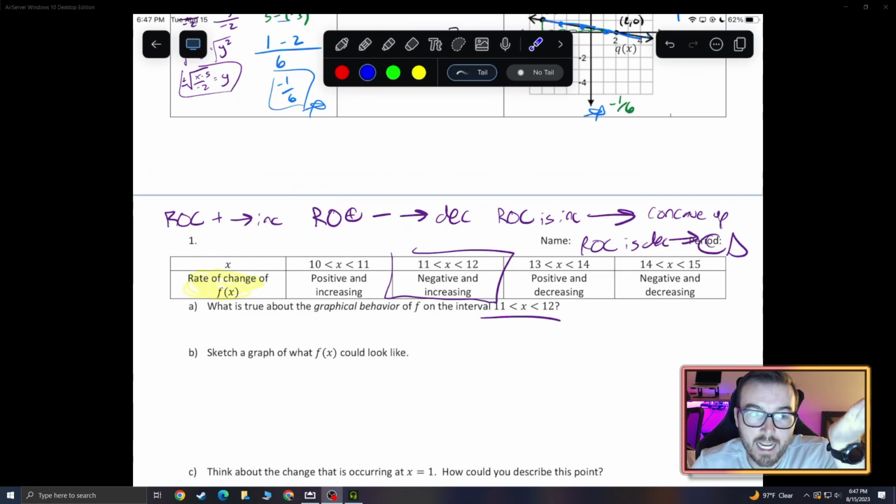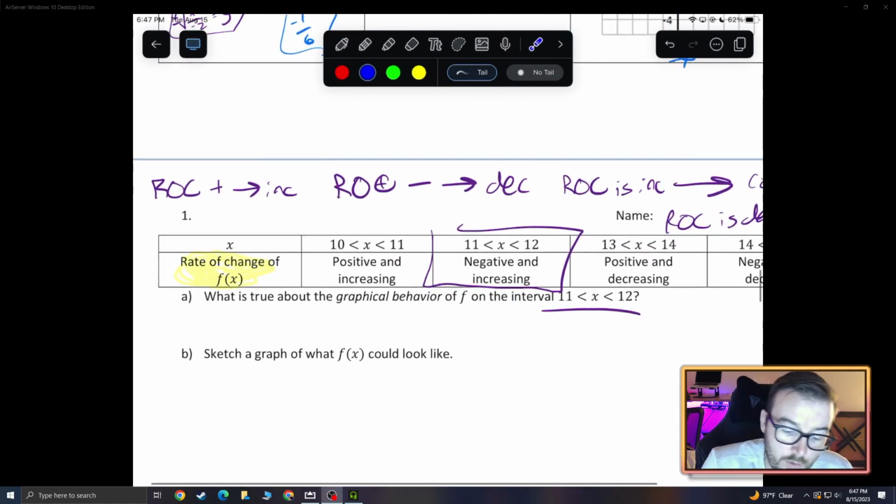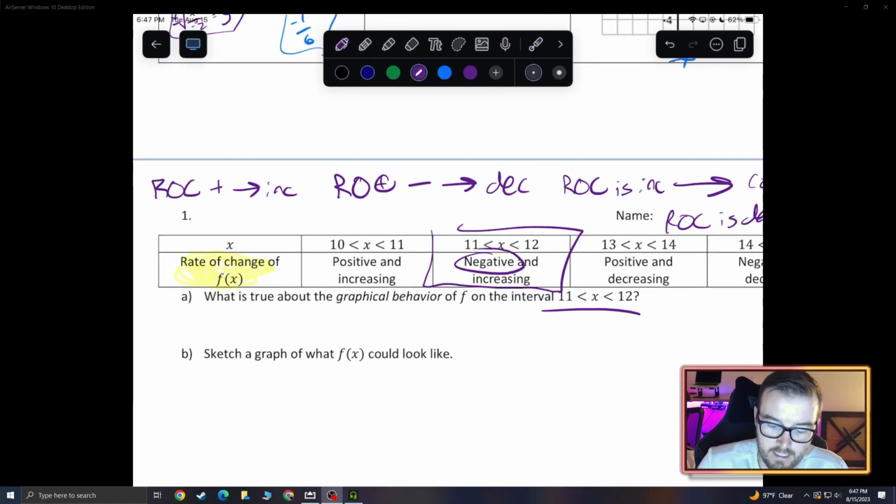There's the rate of change of f, and there's f itself. So we are being told that the rate of change of f is negative. So if the rate of change is negative, then what does that allow us to conclude about f? That means f is decreasing.